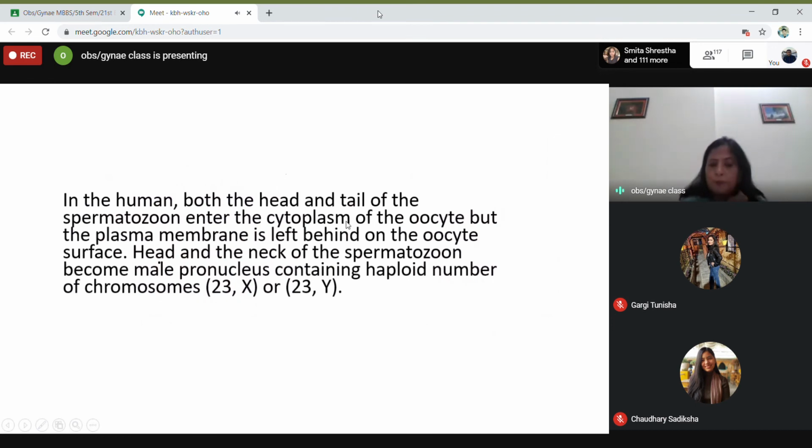In humans, both the head and tail of the spermatozoa enter the cytoplasm of the oocyte, but the plasma membrane is left behind on the oocyte surface. The head and neck of the spermatozoa become the male pronucleus containing a haploid number of chromosomes, that is 23, which may be 23X or 23Y.